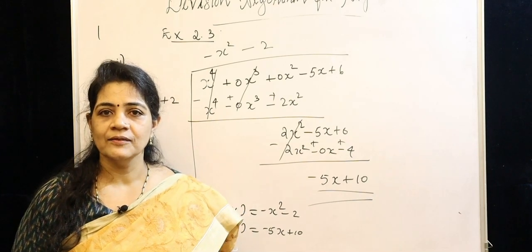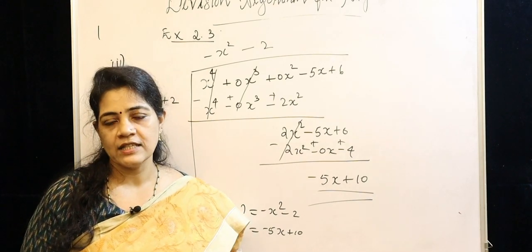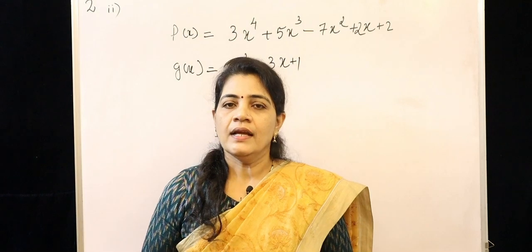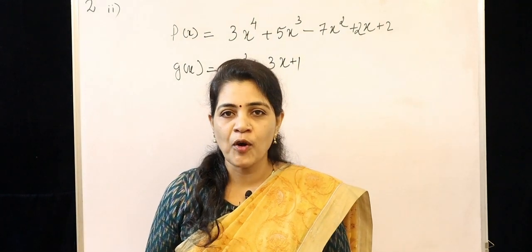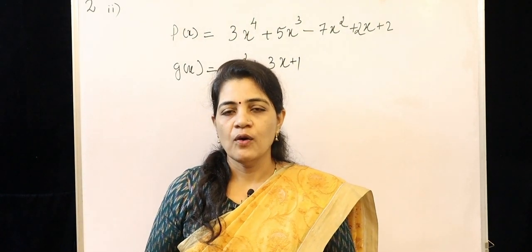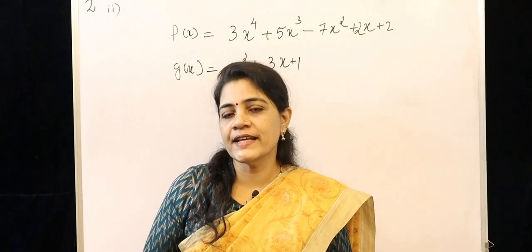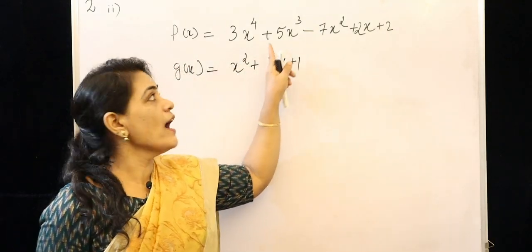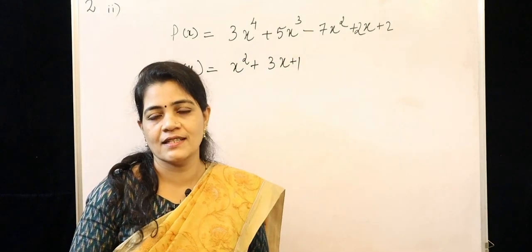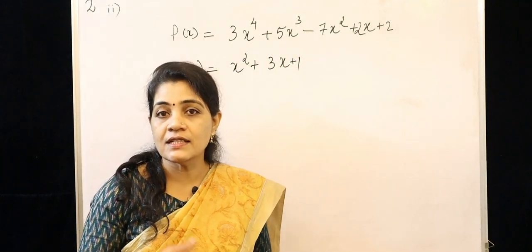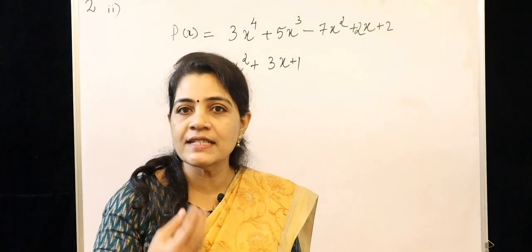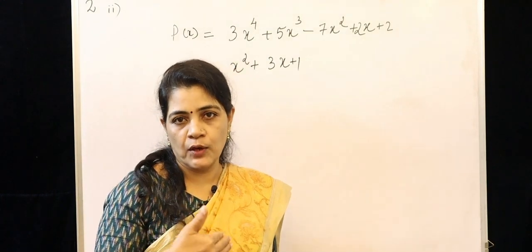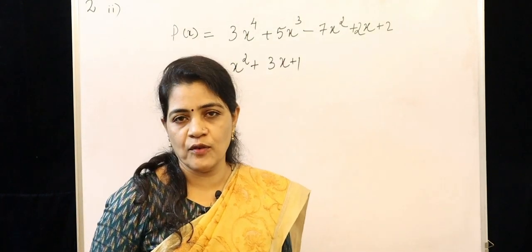Is it okay, children? Now we can solve the next problem. Now we are solving the second question. In this problem we have to check whether the g of x is a factor of p of x. How can we check whether the given polynomial is a factor of p of x?